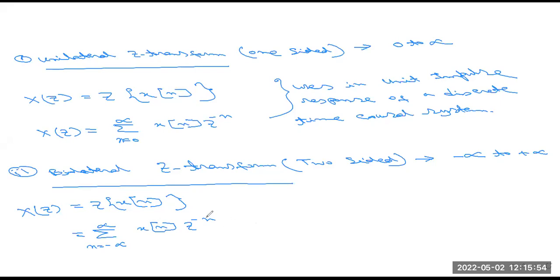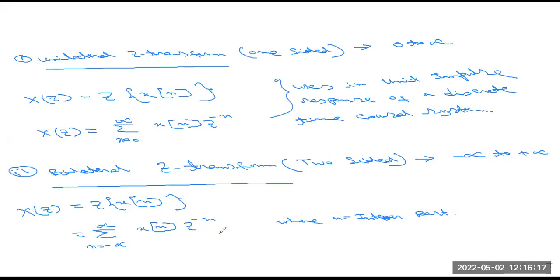Here n is the integer part, and z is basically for complex numbers.